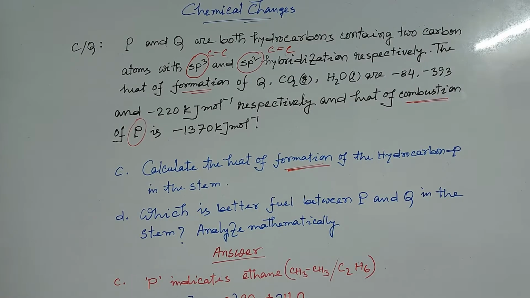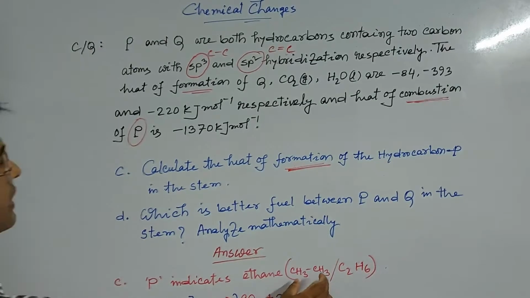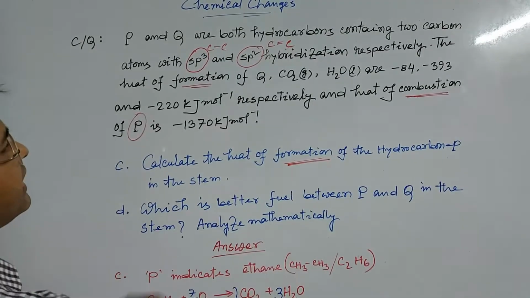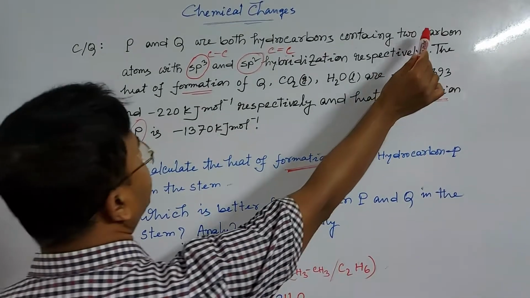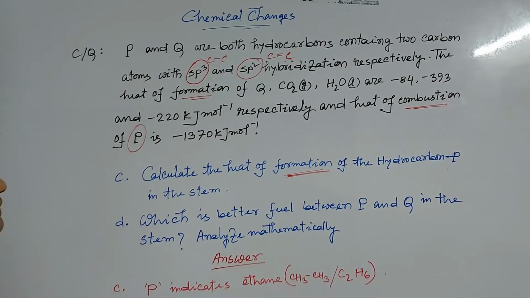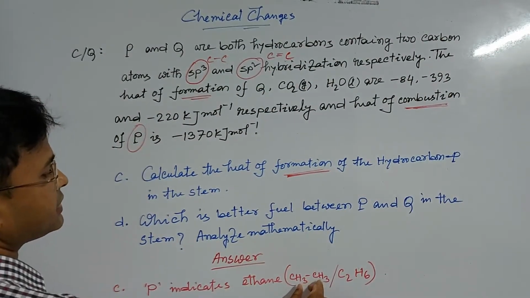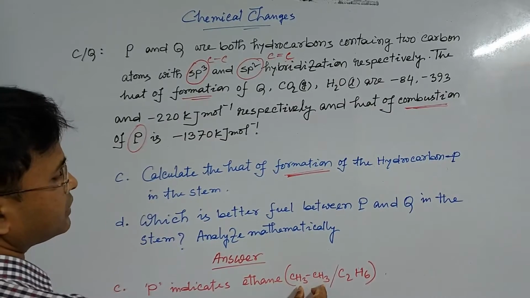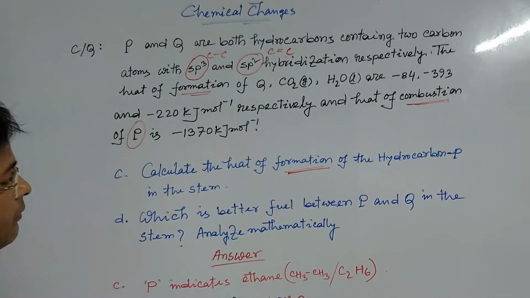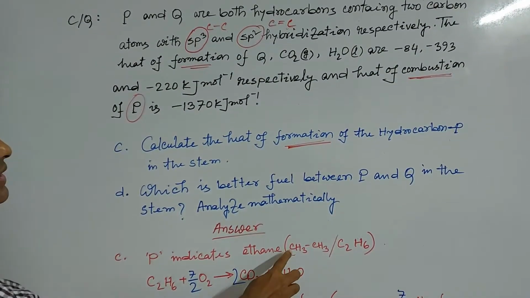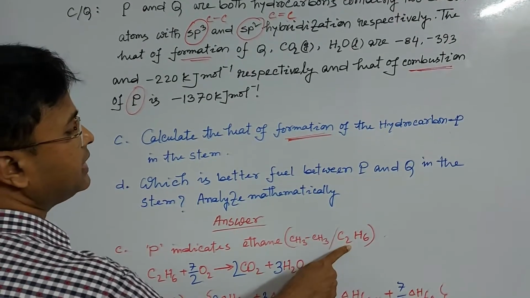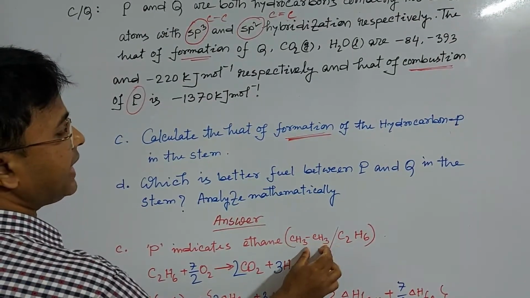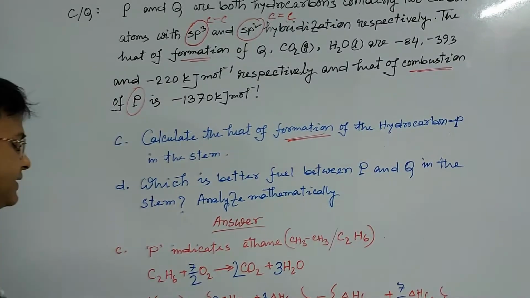So P indicates ethane, because the stem says two carbon atoms and sp3. sp3 means a carbon-carbon single bond between the two carbon atoms. So it will be ethane, and the molecular formula of ethane is C2H6: two carbon atoms, so C2, and 6 hydrogen atoms, so H6.